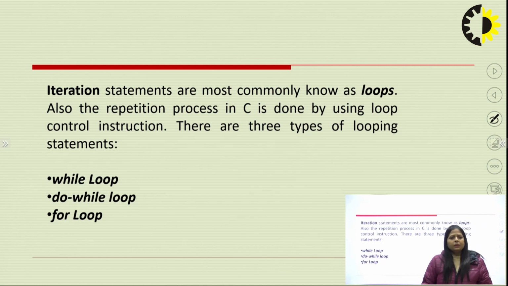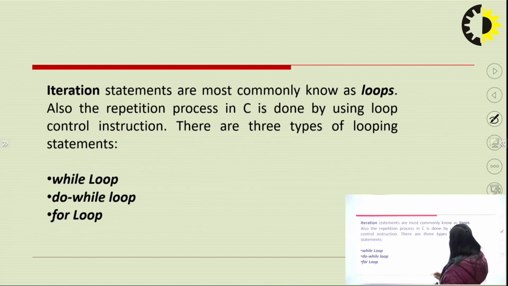Multiple times we must have seen it written somewhere: what is the iteration process, what does it mean by a loop, why is there a requirement of a loop, what is the concept of loop. It is a process in which we can repeat a particular statement according to the requirement.